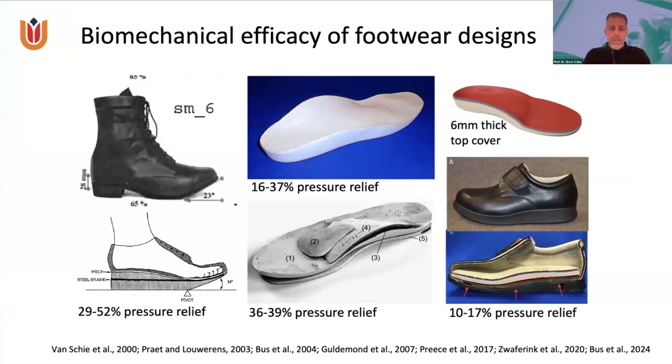Custom-made insoles we have studied already, and others have as well, over the last 2 decades regarding the pressure relief, including specific elements in these insoles. More recently, we found that a particular 6 millimeter thick top cover of the insole with an open cell and a closed cell foam construction provides more pressure relief than not having such a top cover or just a 3 millimeter thick top cover.